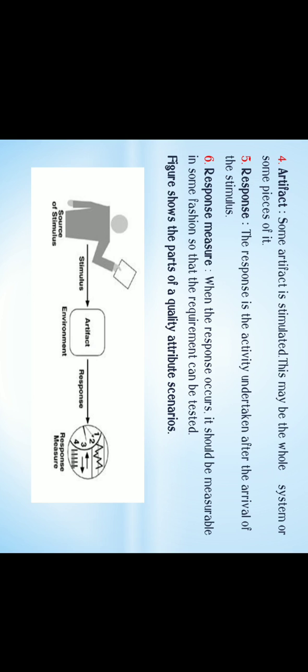Next is artifact. The artifact is what is stimulated. This may be the whole system or some piece of the system. Next is response. The response is the activity undertaken after the arrival of the stimulus.